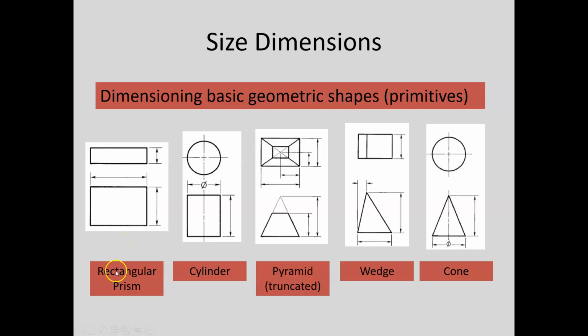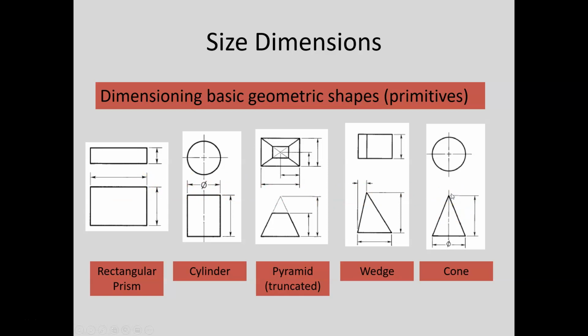It could be square, but rectangular is the general shape here. A square box or a rectangular box. A cylinder, a pyramid, and in this case, we could have it truncated. Truncated means it's chopped off at the top, or not truncated. We have a wedge shape, and then a cone, which could also be truncated. So we have these 5 different shapes.